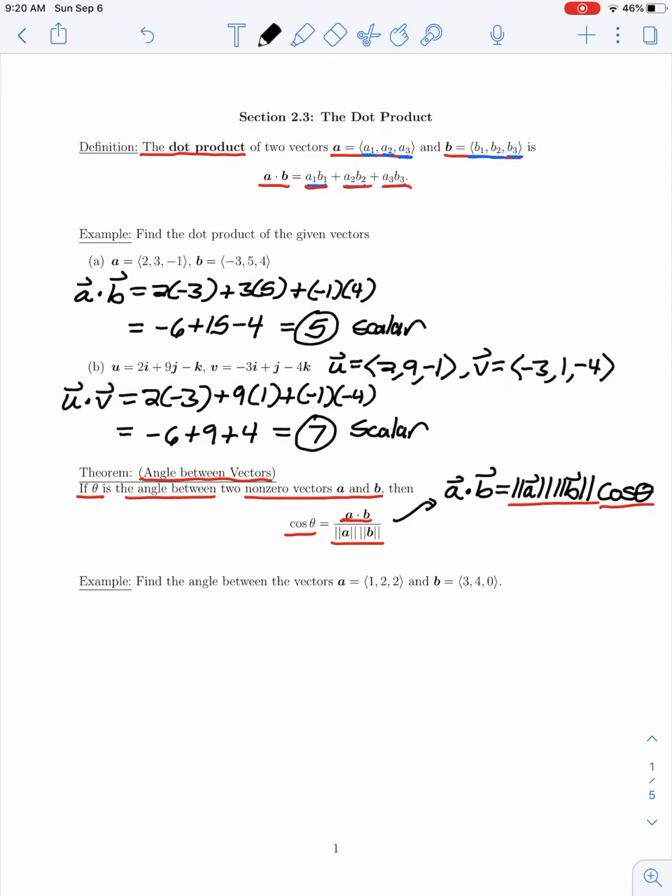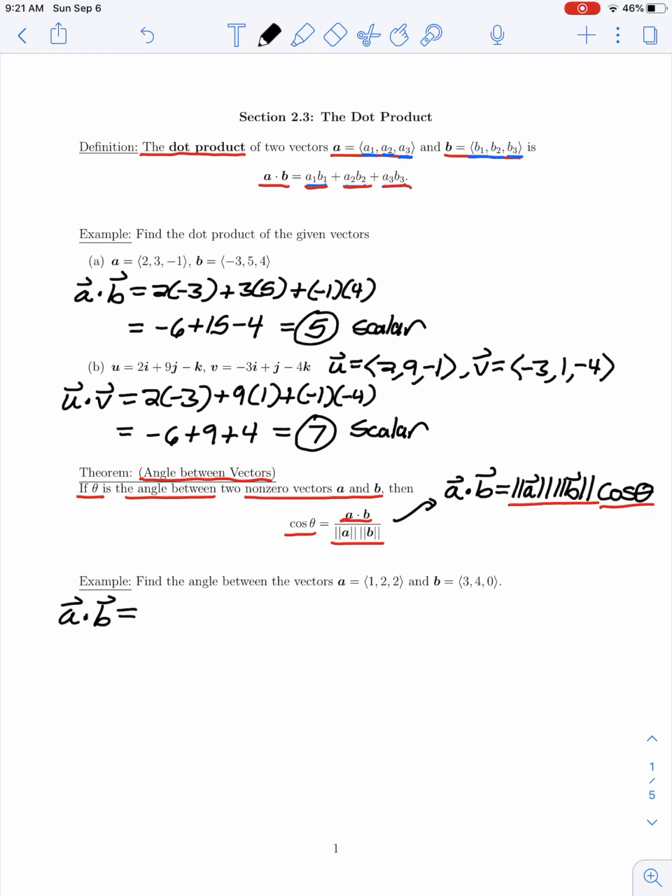There are three things that we need to calculate in order to use the angle between vectors formula that we introduced in our theorem. The first is the dot product of these two vectors, A dot B, which is calculated as the sum of the products of the components of these vectors.